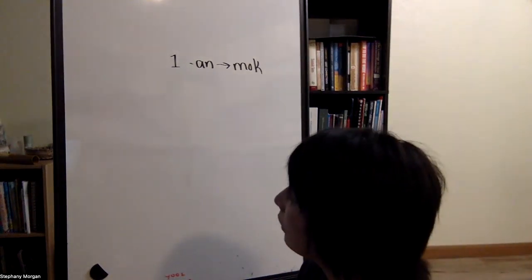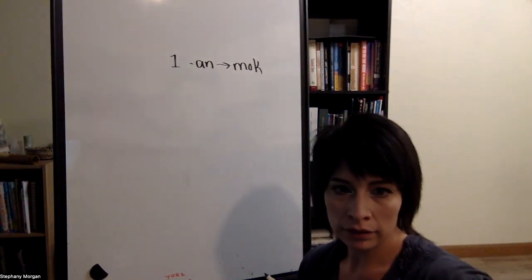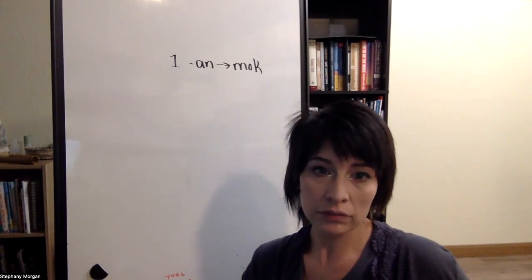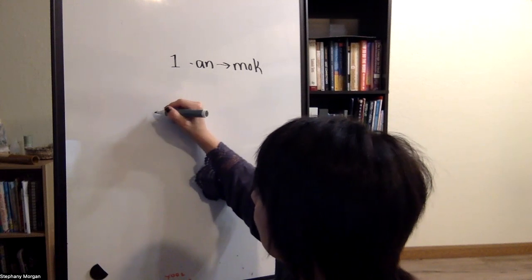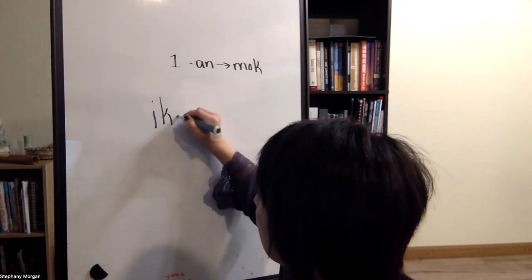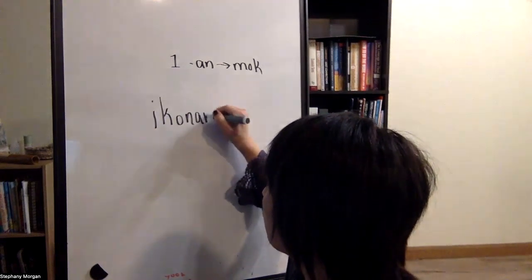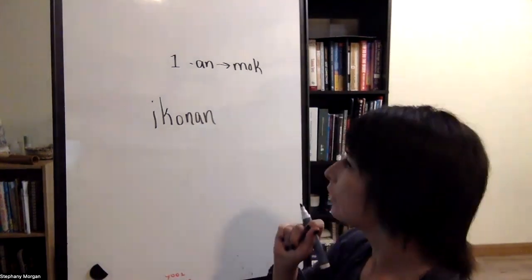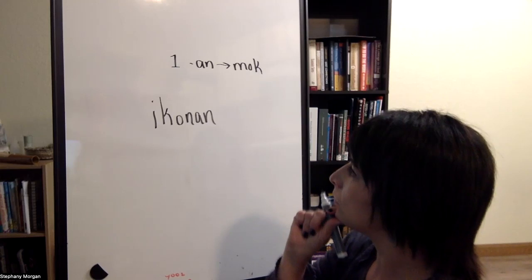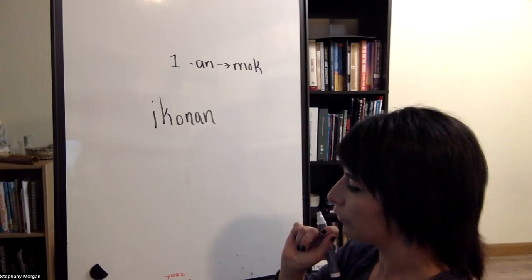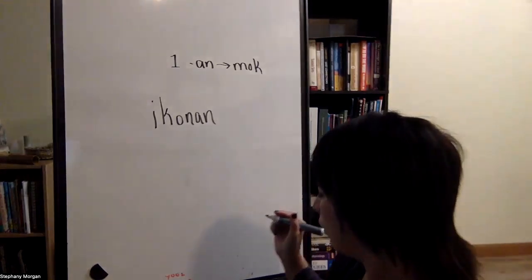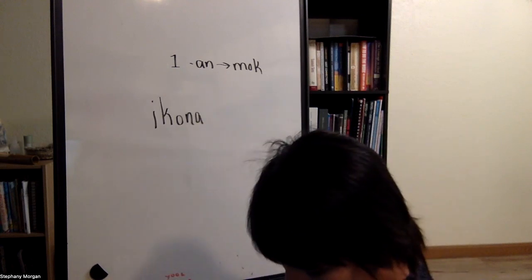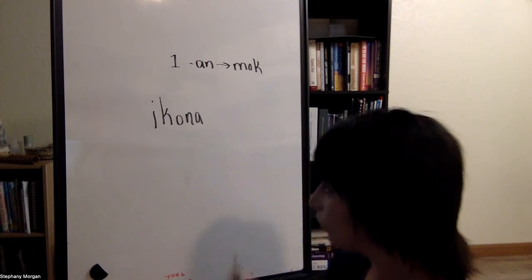In this case, you want to tell them, set it aside. What I would often tell mine was just set it behind you. Our word is ikonan. Set it aside. Ikonan to one person. If I want to tell them all, okay, set your toys, your things aside, ikonamok. Ikonamok.